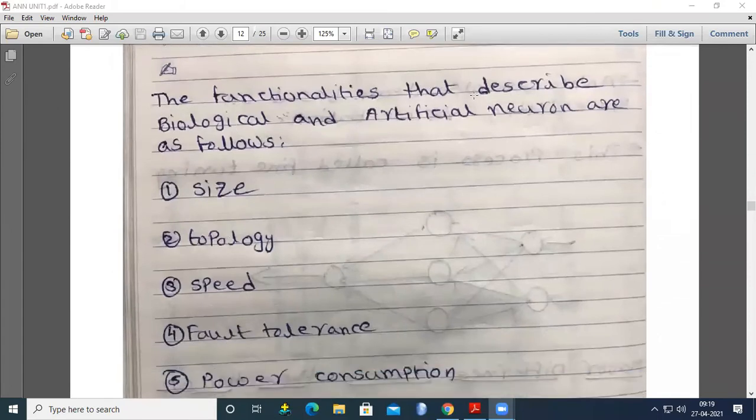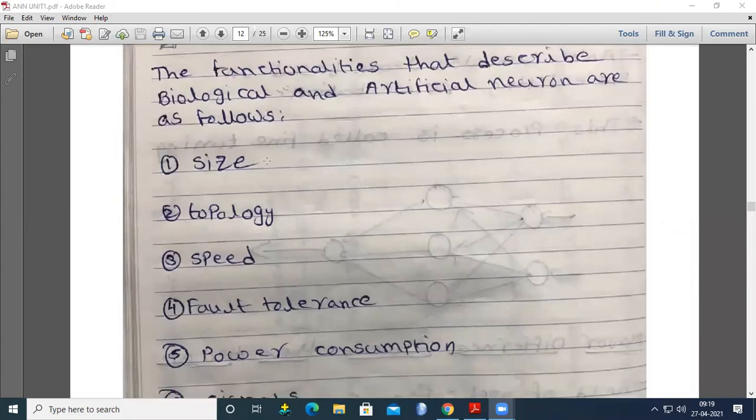The functionalities that describe biological and artificial neurons are as follows. The first one is size. When comparing to the human brain, the ANN models are very small.